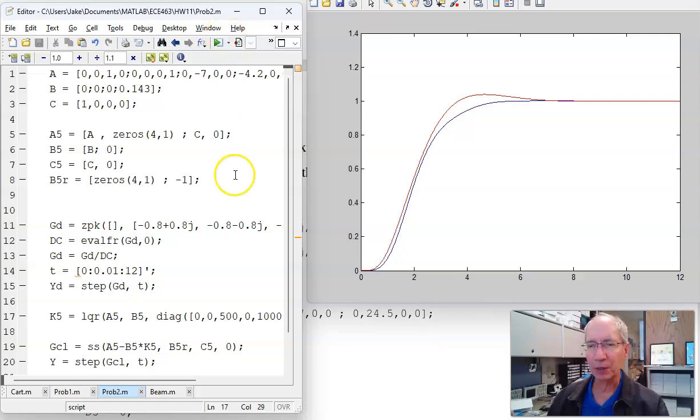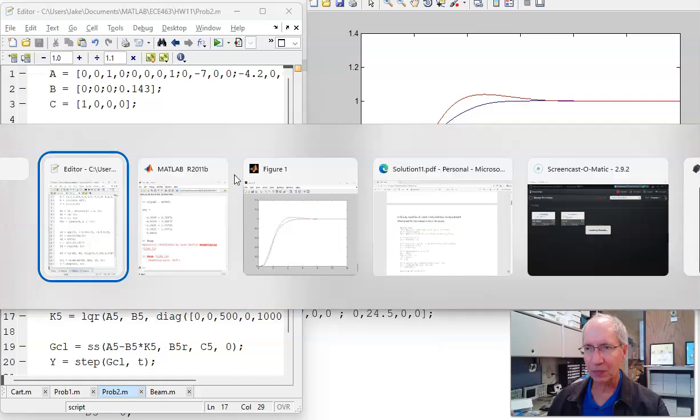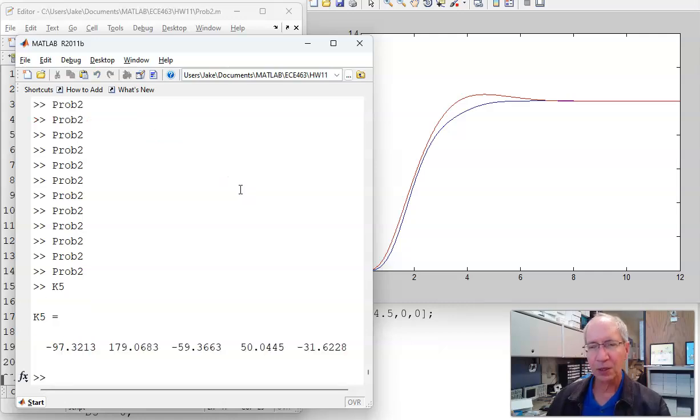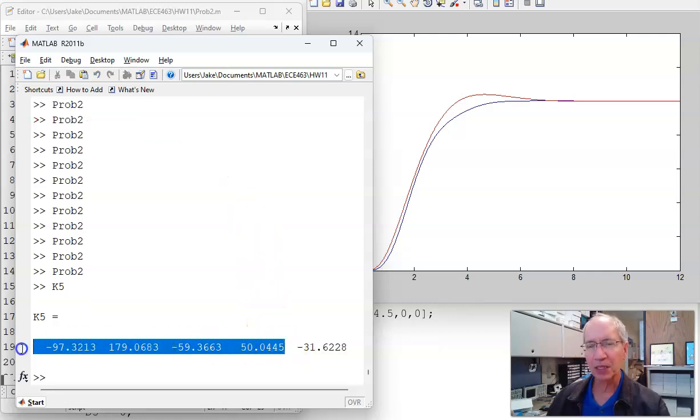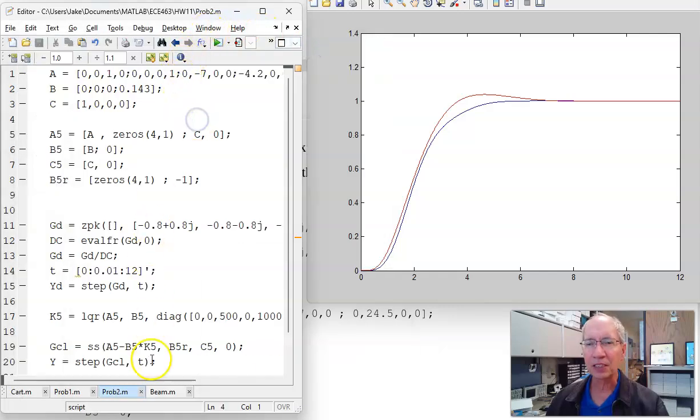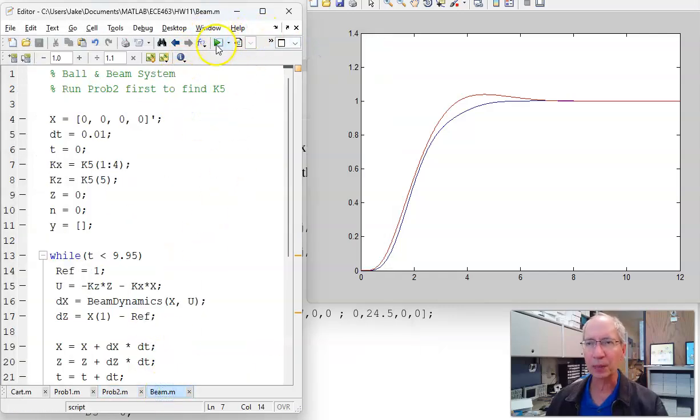Okay, so once you have your feedback gains, those are the feedback gains for the augmented system. This is your Kx, the state feedback. Here's the gain times the integrator, the servo state. The acid test is, does it work on the actual beam?